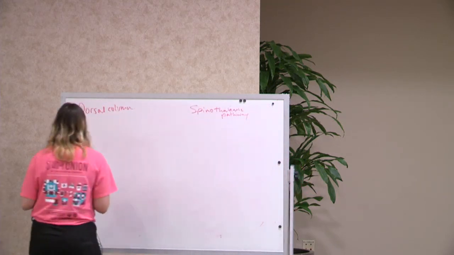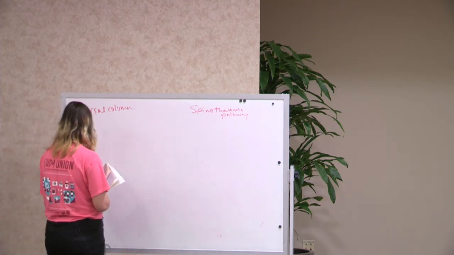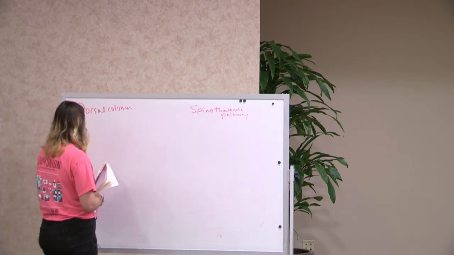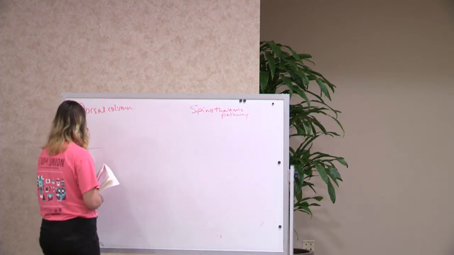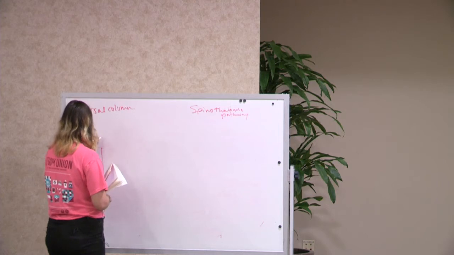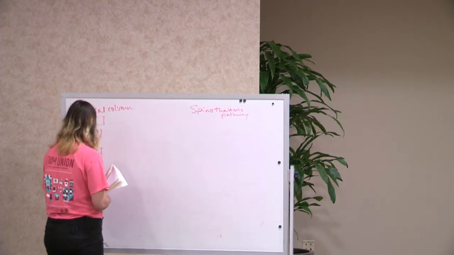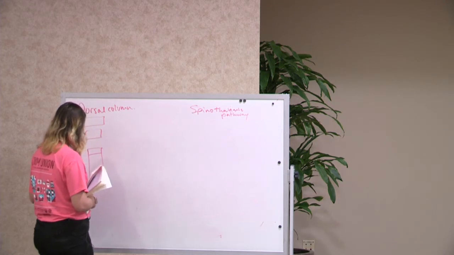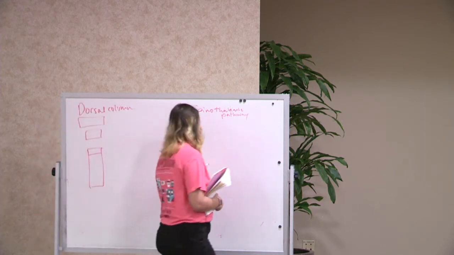The easiest way I like to draw these, he has the picture with the brain parts, but I think it's easier just to draw boxes. This is the spinal cord. This is the medulla, thalamus, and the cerebral cortex, which I'll label in a second.